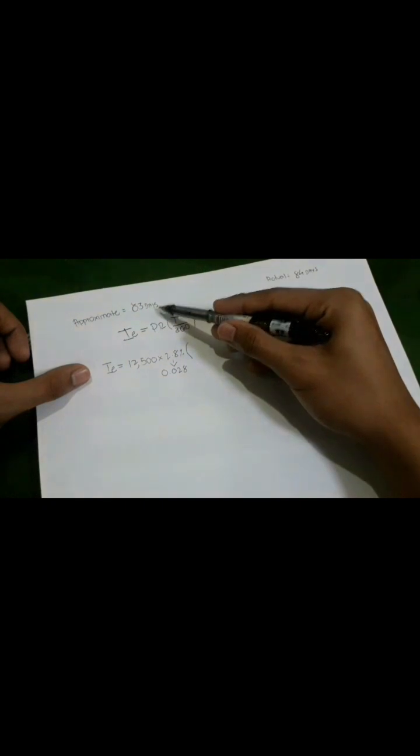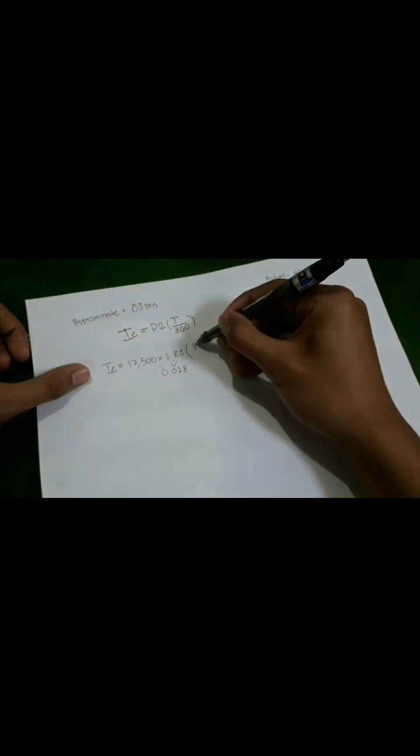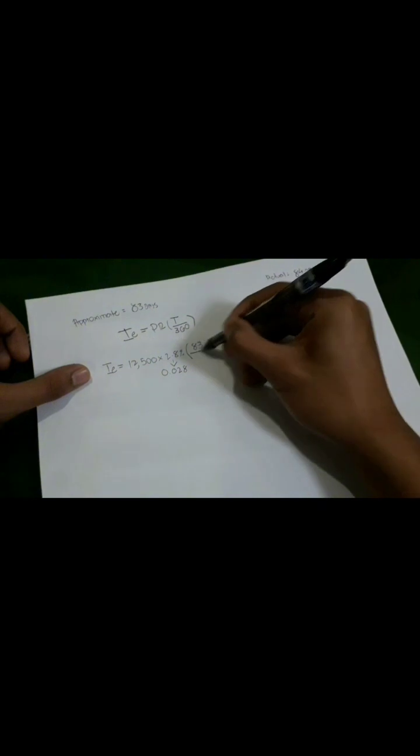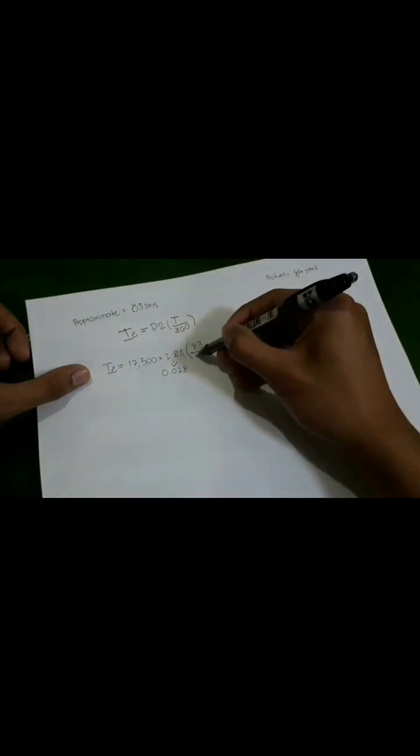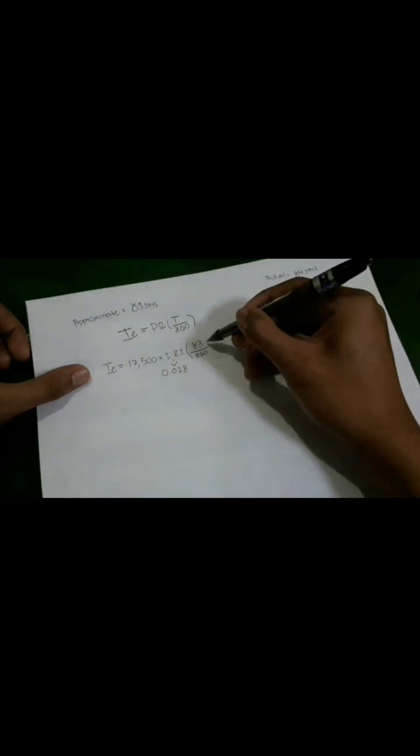Now, let's proceed. Let's put the approximate days, which is 83 days, over the 360 days that we have in ordinary interest.